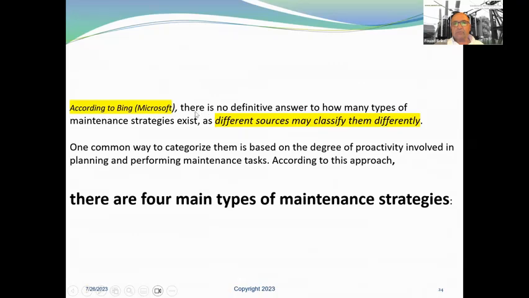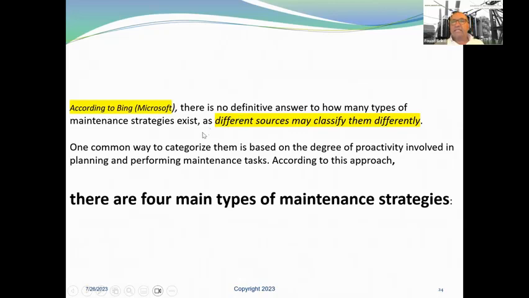According to Bing, there is no definitive answer to how many types of maintenance strategy exist, as different sources may classify them differently. It's exactly what I think, because I learned that there were three, sometimes they say four, others they say six.